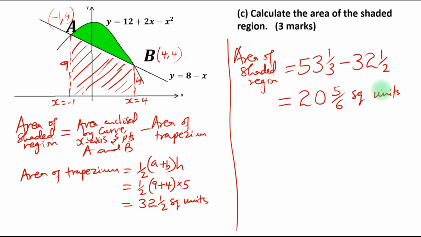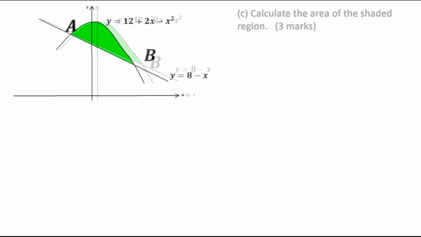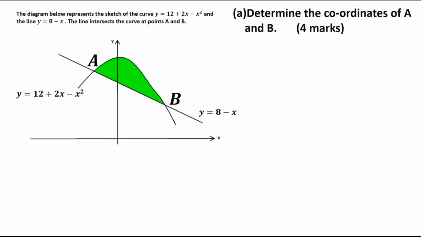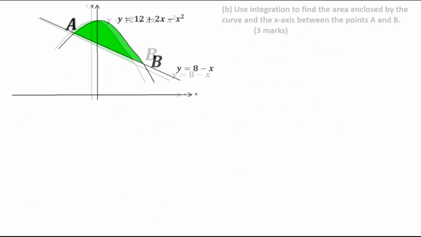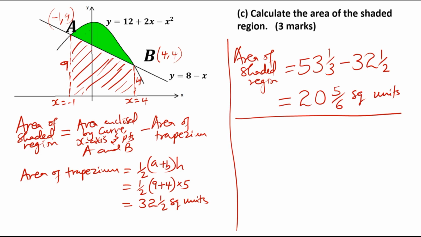The other case could be the combined equation for the two, the one we got in part A. In part A, this equation here, x squared minus 3x minus 4 is equal to y. That is the combined equation for the two. We can easily work it out. That is y is equal to 4 plus 3x minus x squared.